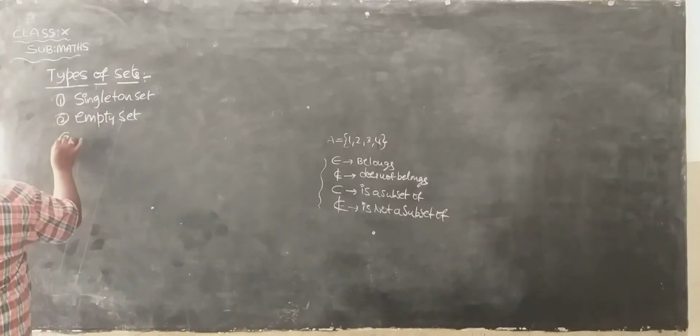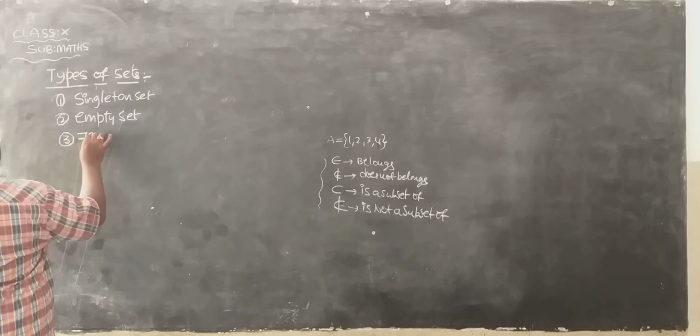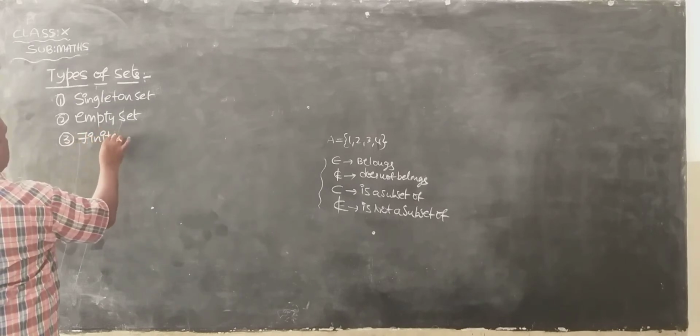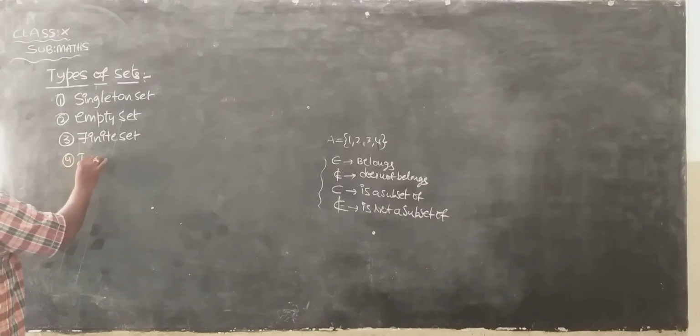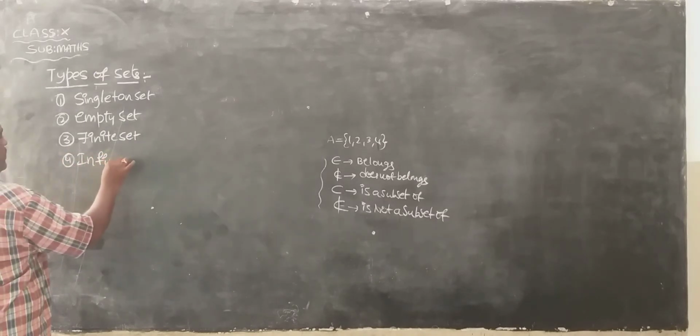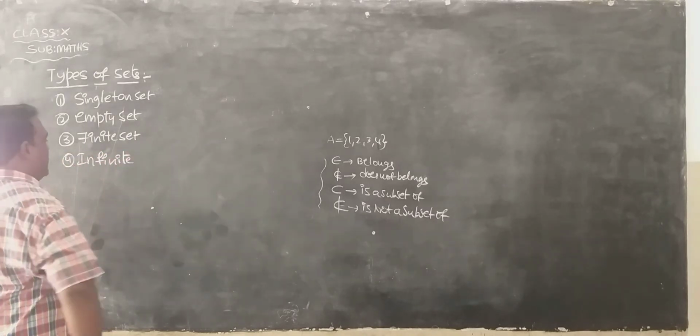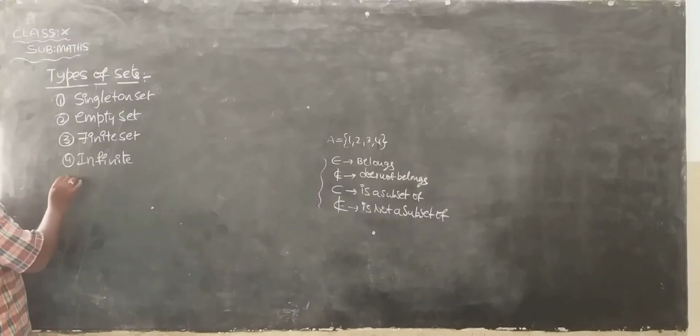Number 3, finite set. Number 4, infinite set. Number 5, disjoint sets.